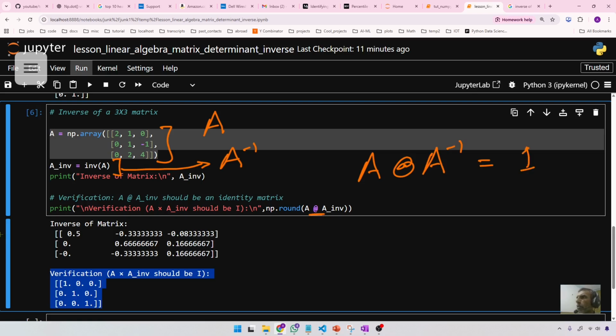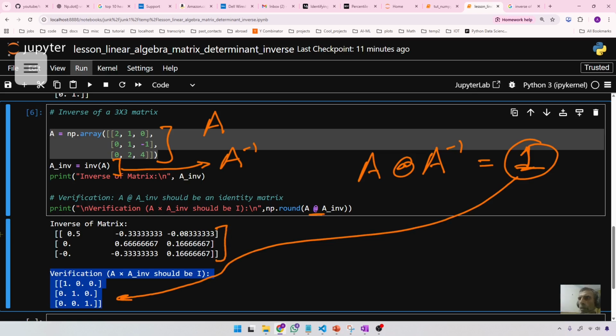I could have written I over there. Some people write I, some people write 1 over there, so just thought you should know. So A times A inverse is the identity matrix, and you can see it is the identity matrix right here.